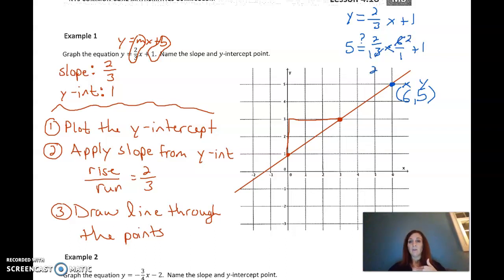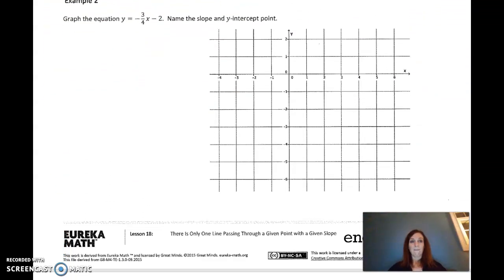I'm left with 2 times 2, which is 4. I'm left with 4 plus 1. Does that equal 5? Yeah, it does. So every point on this line will make this true. That's why we draw the line. That being said, if you follow these steps, the line's pretty easy to draw.